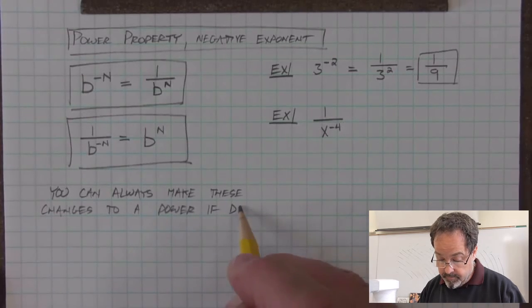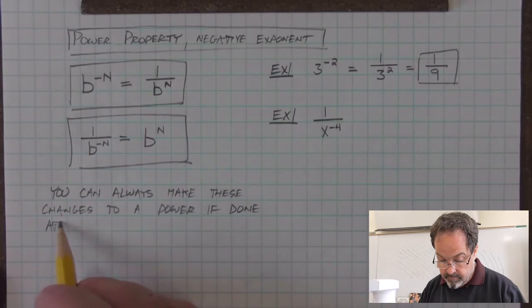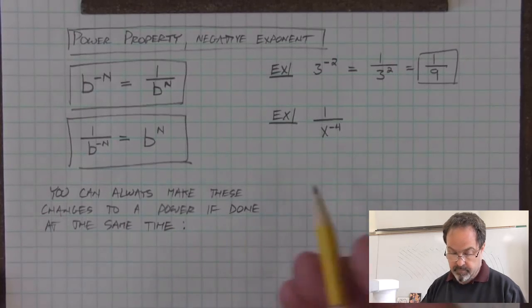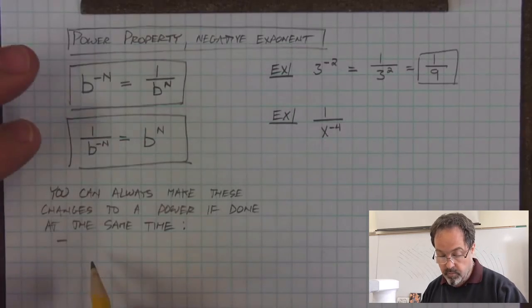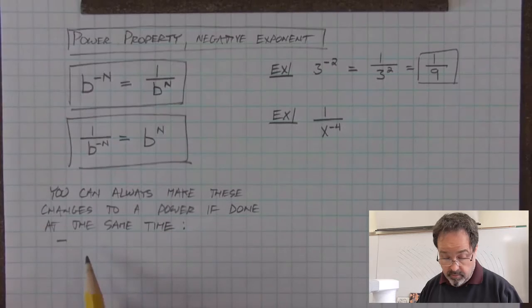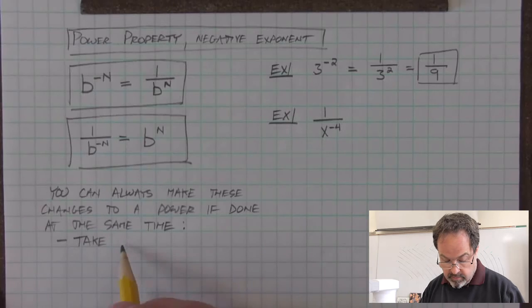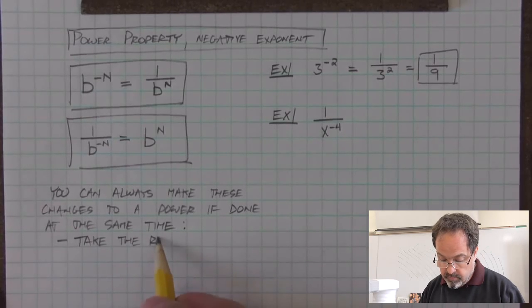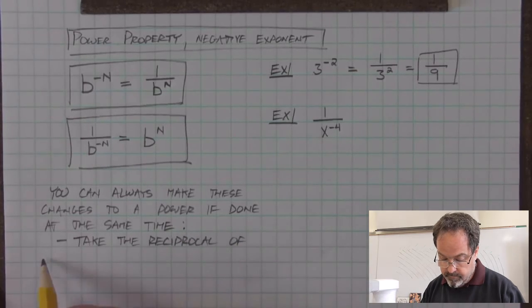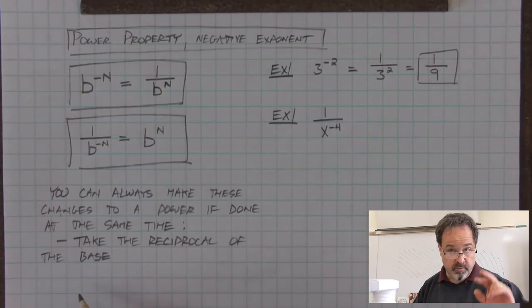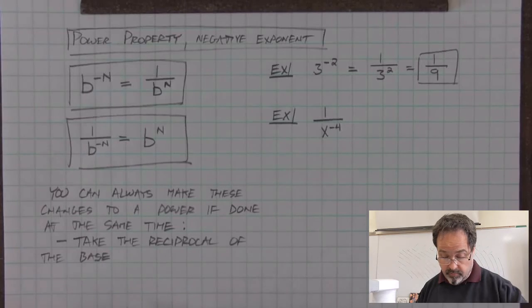If done at the same time. And what these two properties are essentially doing can be thought of this way, doing these two things. Take the reciprocal of the base, and that is, the reciprocal is simply just switching numerator and denominator in a fraction.